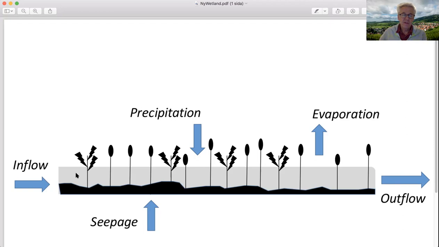And since the molar flux decreases, there will be an increase in conversion along the wetland. One important assumption is that the wetland works as a PFR, that is a plug flow reactor. So it is not mixed in this direction at all, but in this direction, it's perfectly mixed.